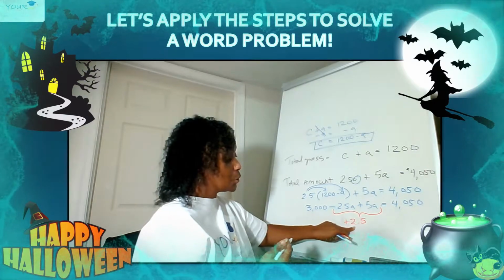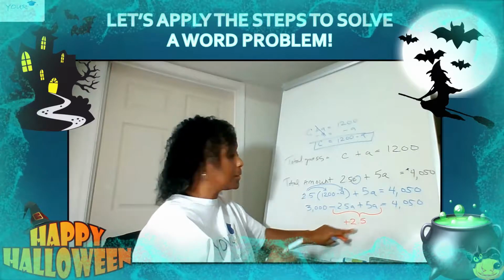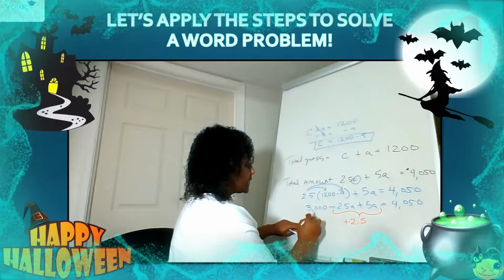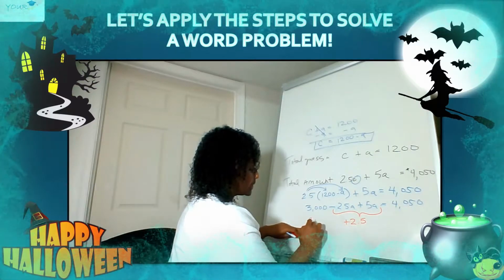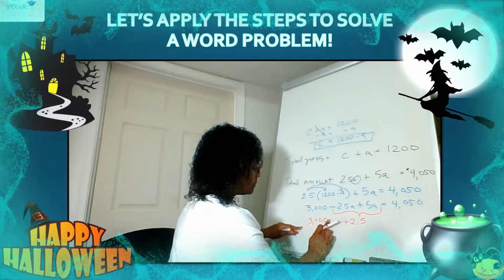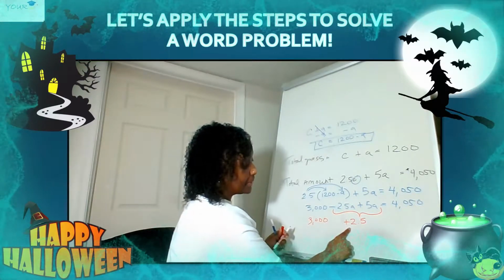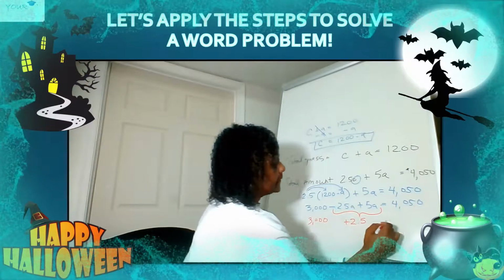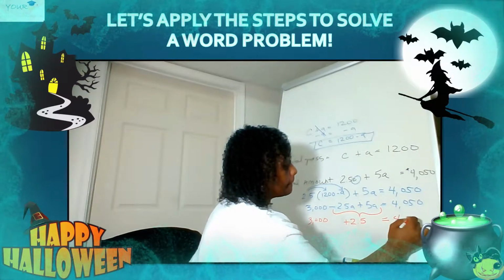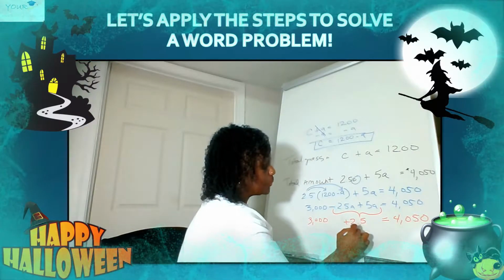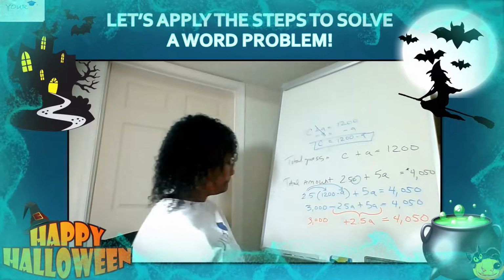So my 2.5, when I combine them, will give me a positive 2.5. And so now I'm ready to bring down my 3,000. And we know we have a plus here. So I have 3,000 plus 2.5A equals 4,050.